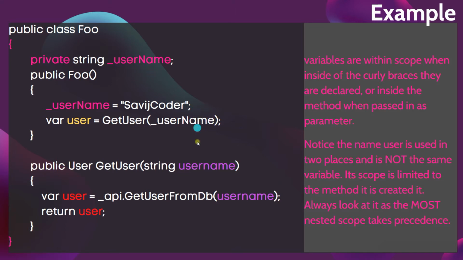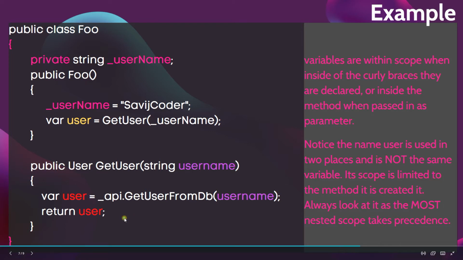In this case, underscore username comes in and is represented by this parameter username without the underscore and without the capital N. This is considered a new variable that's defined at the level of this method. So the value that gets passed in here is going to be Savage Coder, but we refer to that value of Savage Coder inside getUser with the variable username that's passed in.